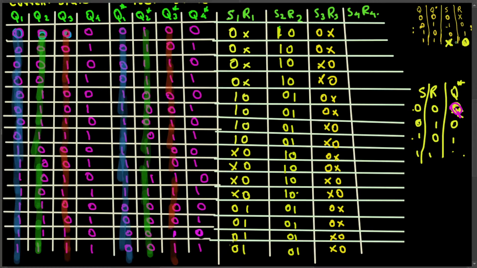So we just write that one again and again. 0 0, what is the truth table? 0 and don't care, and 1 1 is don't care and 0. So this is going to be 0 don't care 0, 0 don't care 0, 0 don't care 0, repeating. Okay, and this is the only thing that we need for the next one.